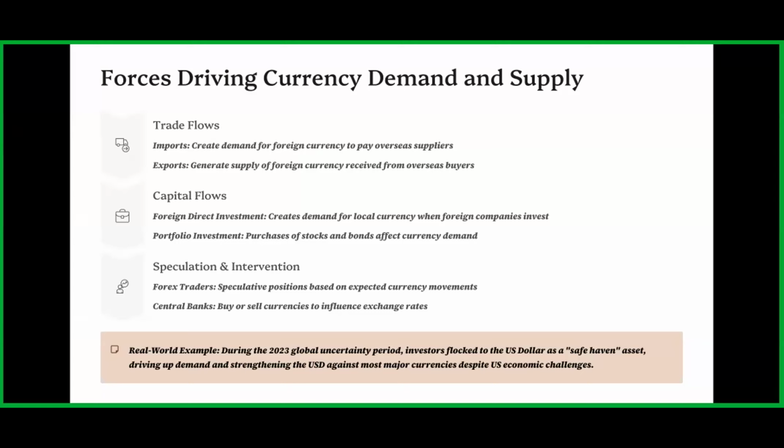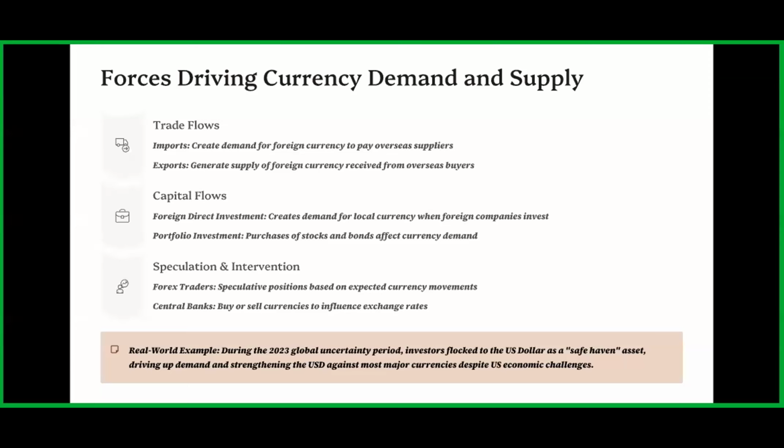And because of this, the demand for the US dollar on the international level increases, and because of that increase in demand, the exchange rate of the dollar with respect to the other currencies increases. So this is how demand influences the exchange rate value on the international market.